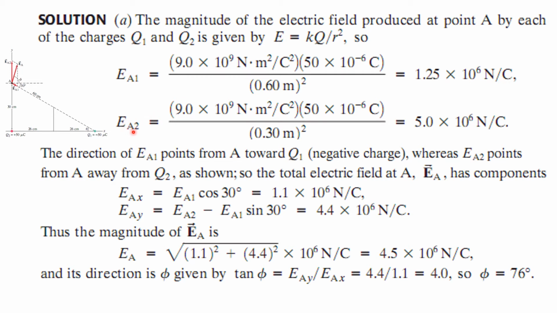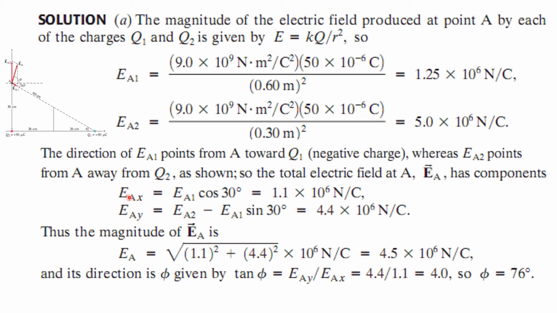Then the electric field on point A due to charge 2 equals K times the magnitude of charge 2, then divided by the square of the distance between charge 2 and point A, which gives 5 times 10 to the power 6. After determining the individual electric fields, we need to find their X and Y components.